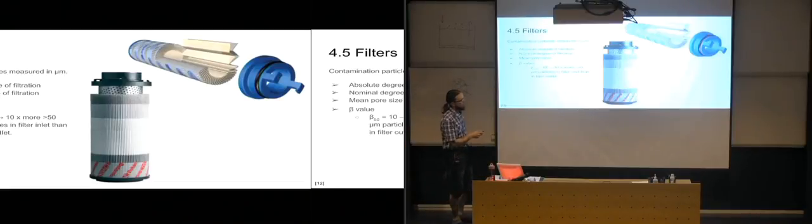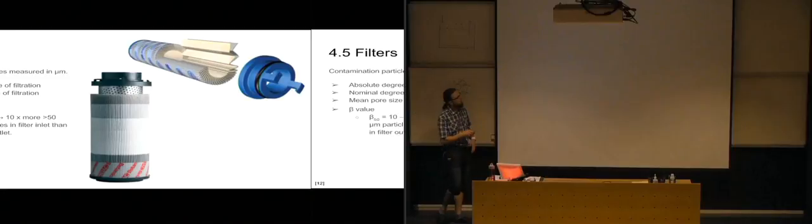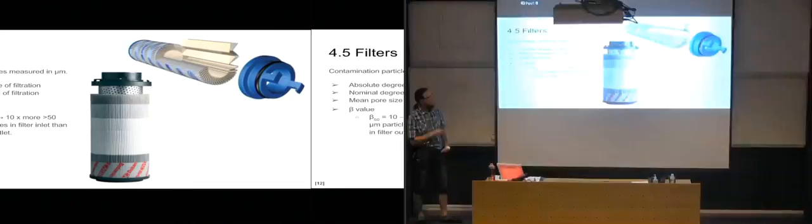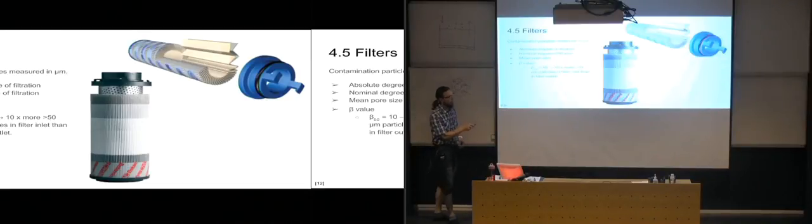And of course, if you go almost to the microscopic level on the filter, you will see that you have these pore sizes. They won't be exactly the same all over this paper material, so some of the pores will be larger than others.